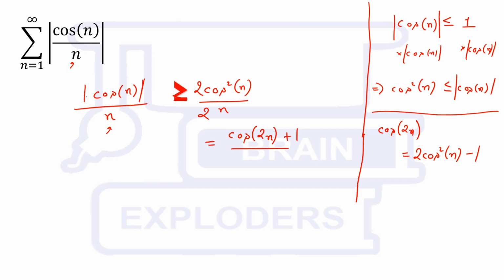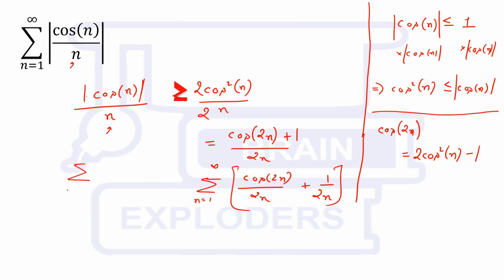So we have cos 2n over 2n plus 1 over 2n. Now as we apply summation on both sides, we have an expression something like this.